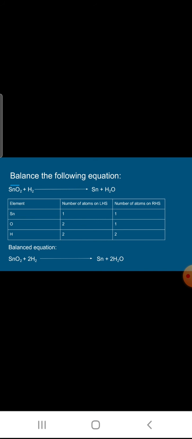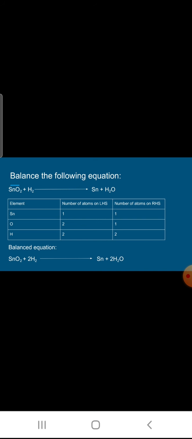Here you can see 3 elements are present, Sn, O and H. On LHS side, the number of Sn atoms is 1, and on RHS side also Sn atom is 1. O, LHS 2, RHS 1. H on LHS 2 and on RHS 2.